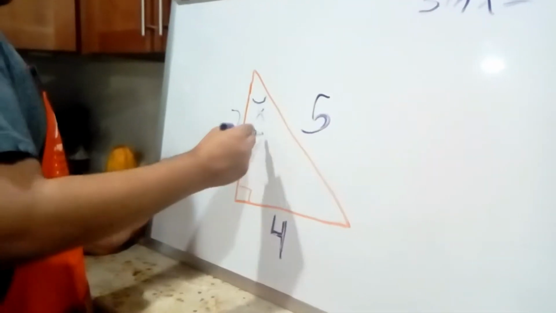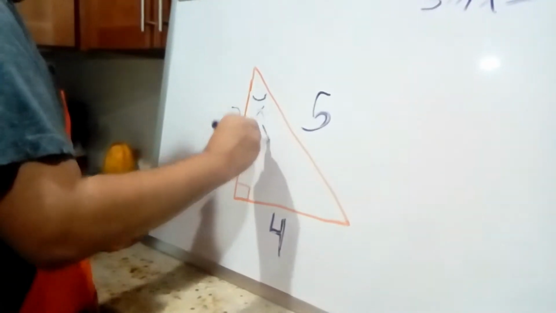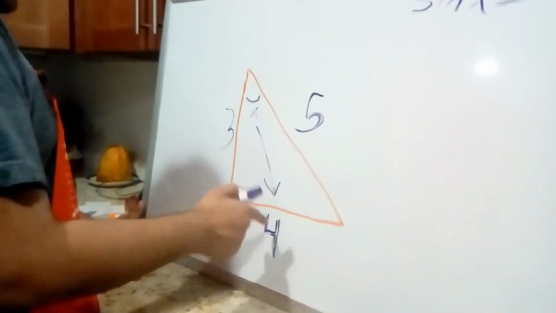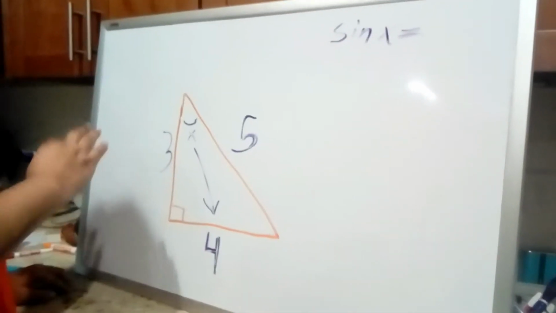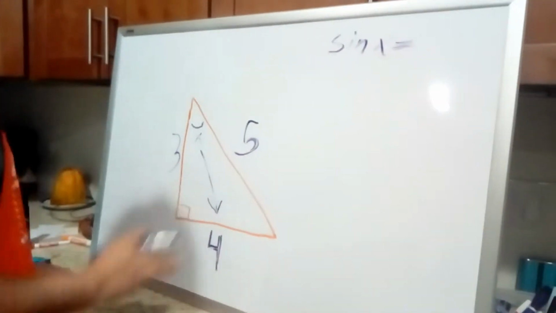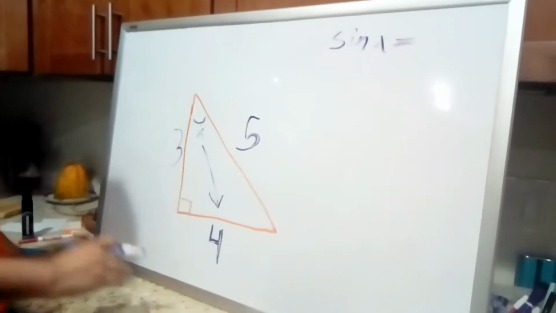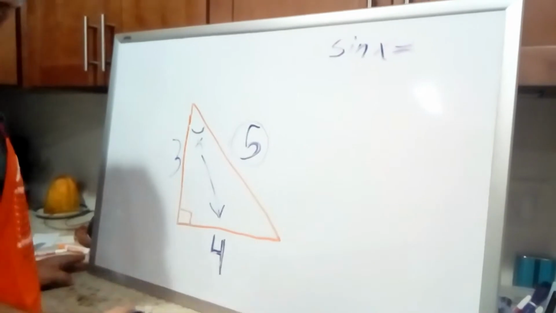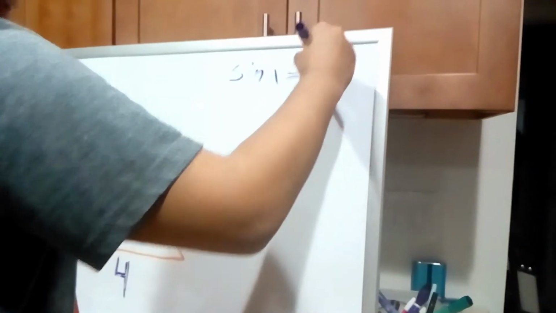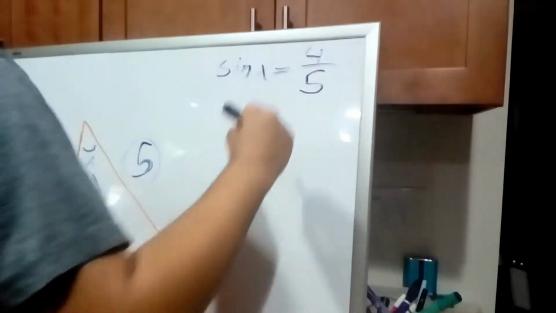One hour later. So it's giving us an X. So we're going to go down. And it's giving us a 4. That 4 is going to be opposite. Because for sine, we have to look for opposite over hypotenuse. This is your hypotenuse. So what we're going to do is put 4 over 5.